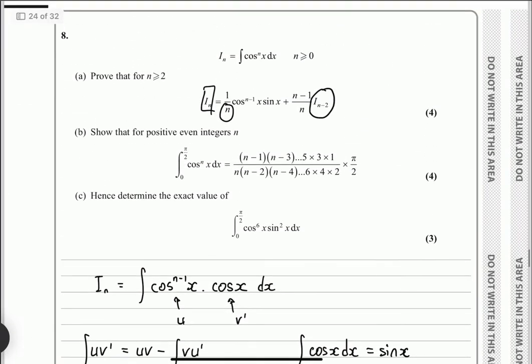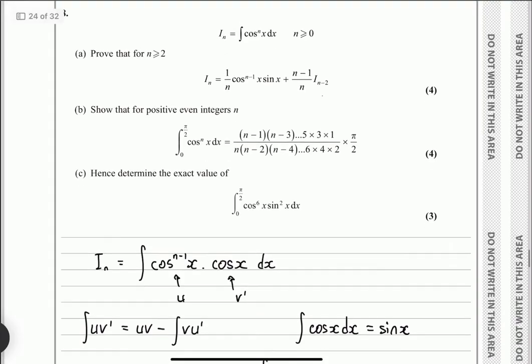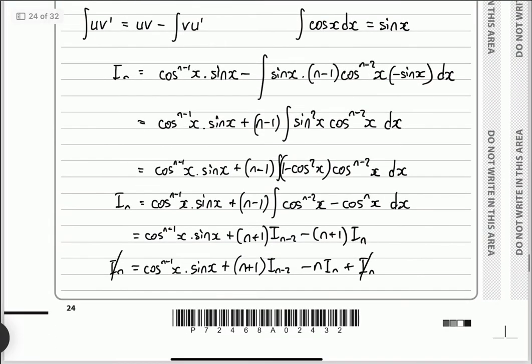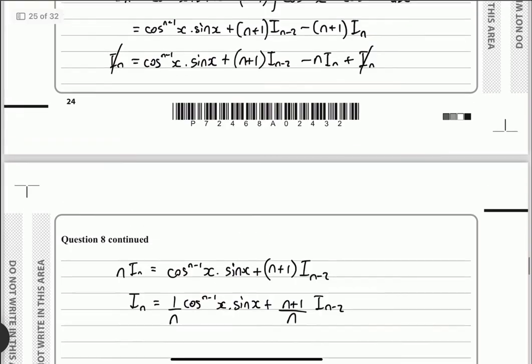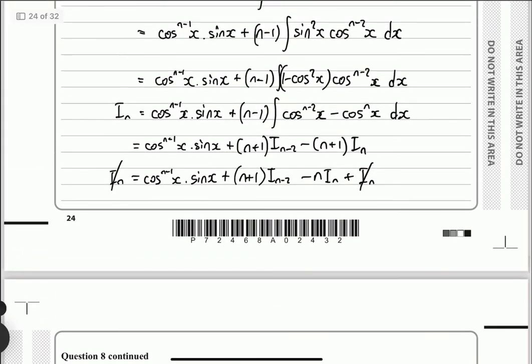Let's just check that matches. Don't need all these circles everywhere. I_n, 1 over n cos^(n-1) sin x, yes. And n minus 1 over n I_(n-2). No, I've changed my minus 1 into a plus 1 for some reason. And made a second mistake when I was doing that to end up with the right thing.